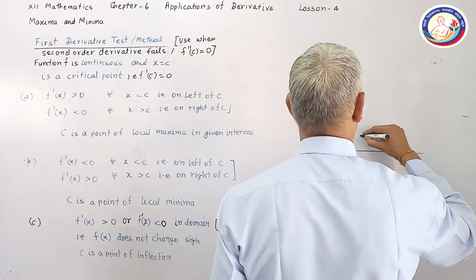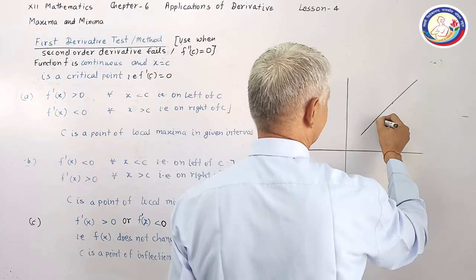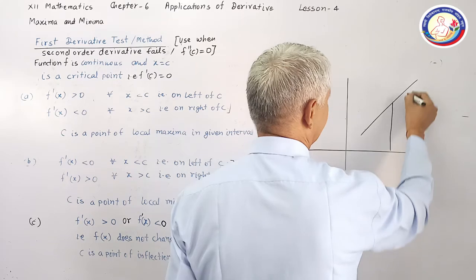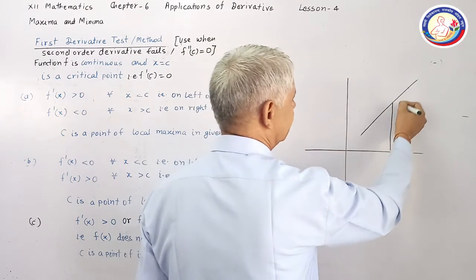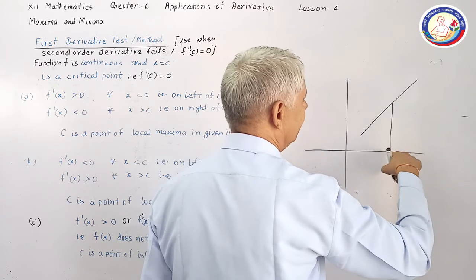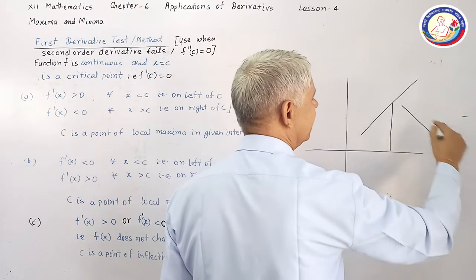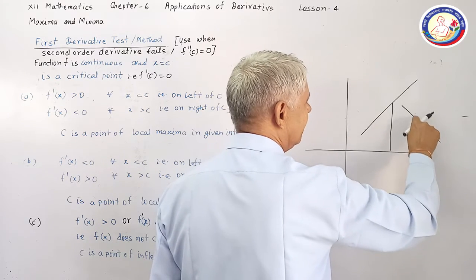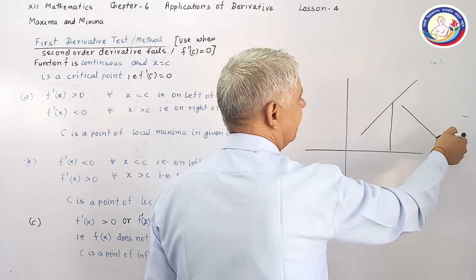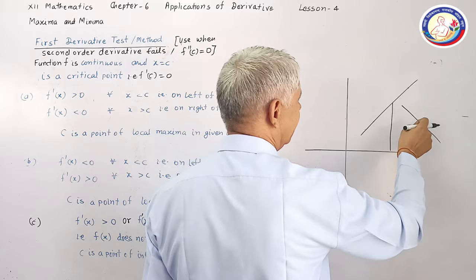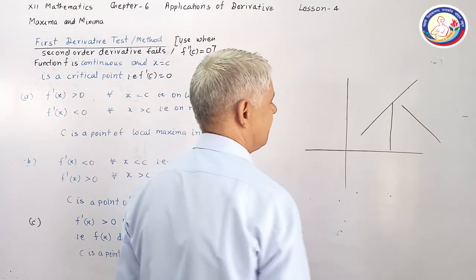Here is a graph. Here the derivative will be positive and here also positive if the graph is like this, because this line is making a positive angle with the x-axis, and if the graph is like this, the slope of the tangent, or the derivative's value, will be negative. So in this case the point is called a point of inflection.